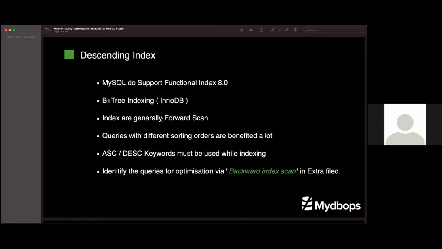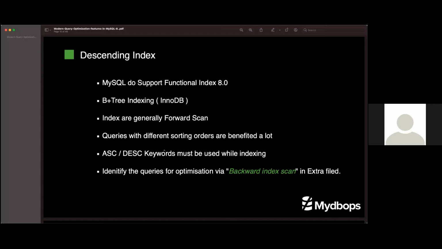But with a different sorting order, it can benefit better. For example, if you have an ORDER BY clause with ascending or descending, then your B-tree makes sense, because by default a B-tree is sorted in ascending order unless you mention it. So with 8.0, you have these keywords ascending or descending. You can use them as part of your indexing and make your queries work really better.